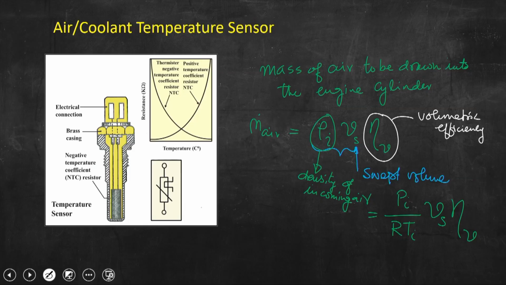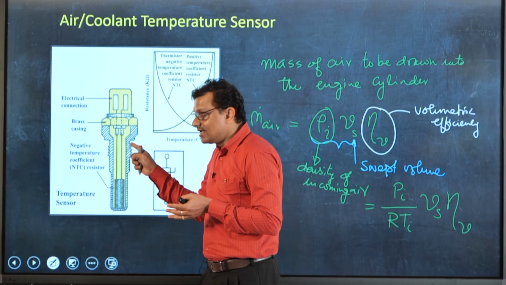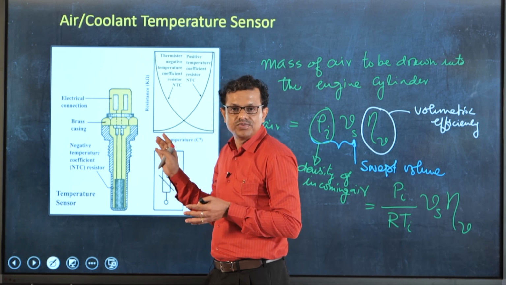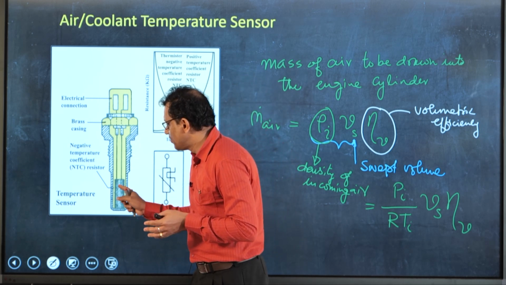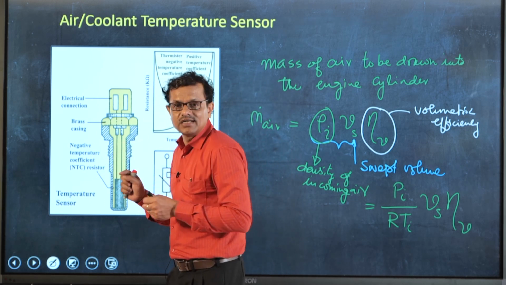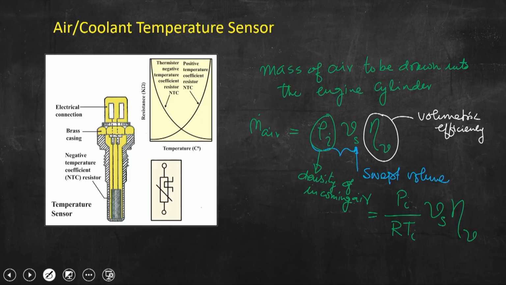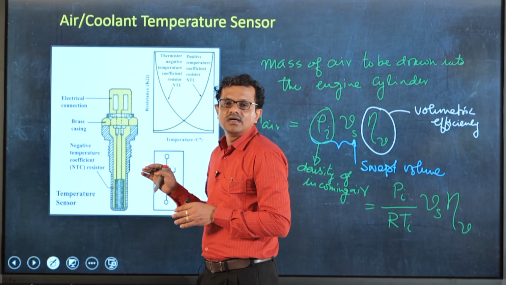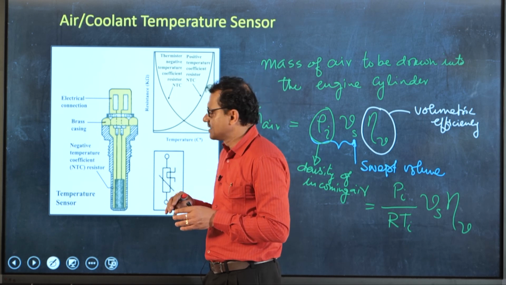Both ends are sealed. So, this sensor contains a hollow brass tube sealed at both ends. Inside this tube we have a semiconductor resistor having a negative temperature coefficient, which I will be discussing later.